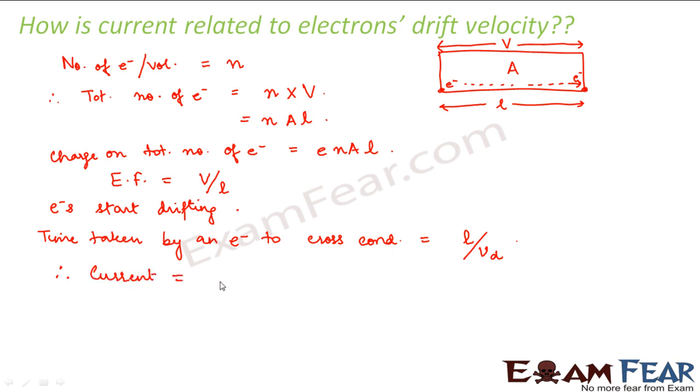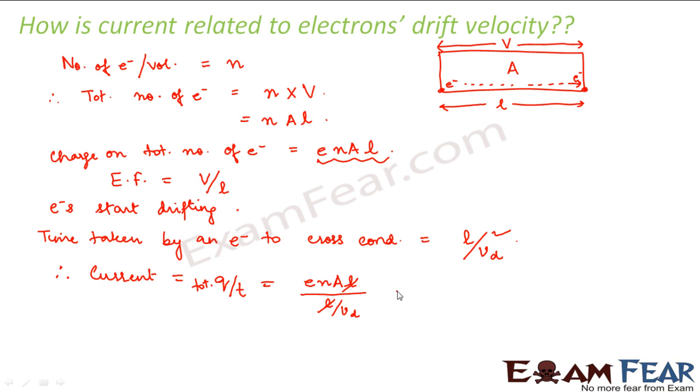Therefore, what will be the current? Current is nothing but charge per unit time. The total charge in this conductor is eNAL, per unit time. What is time? Time is L divided by Vd.